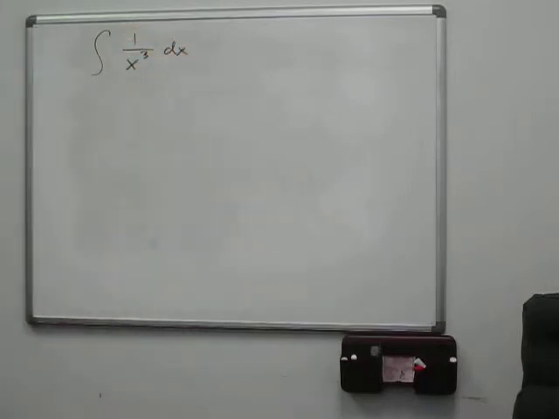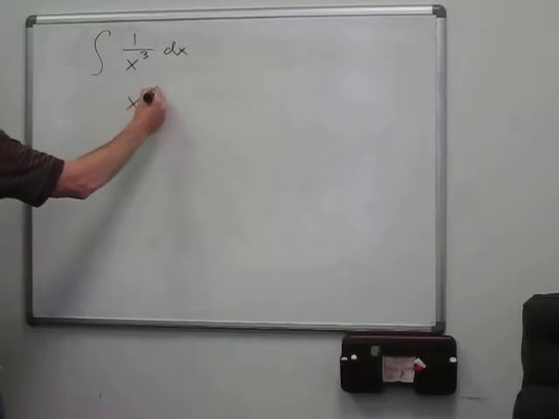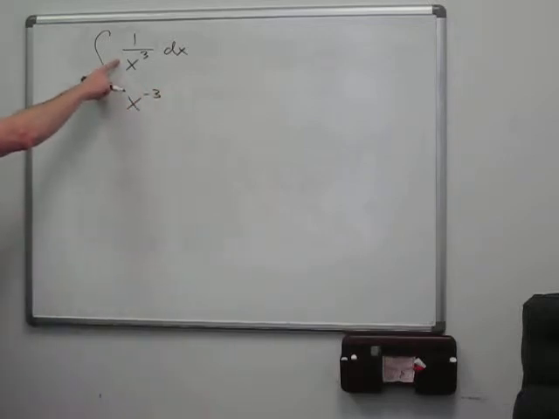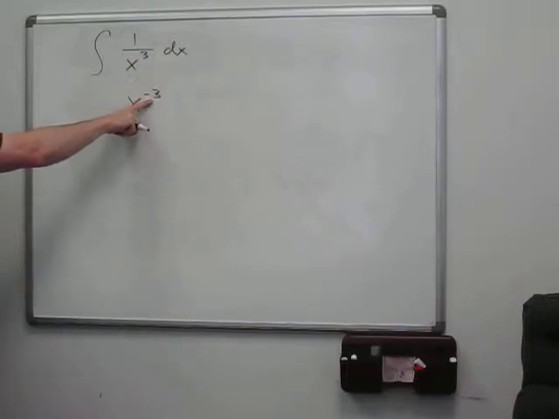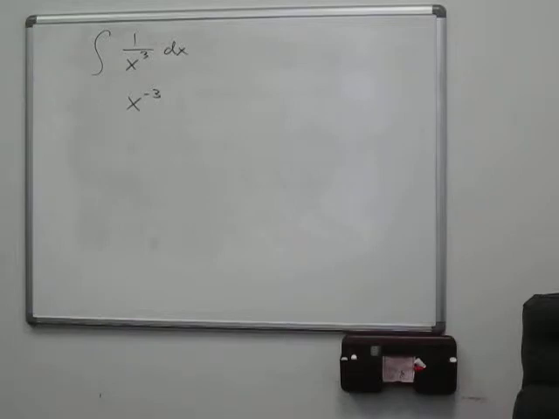Suppose we want to find the antiderivatives of 1 over x cubed. We'll keep in mind that the notation with a negative exponent, x to the -3, is the same expression as 1 over x cubed.